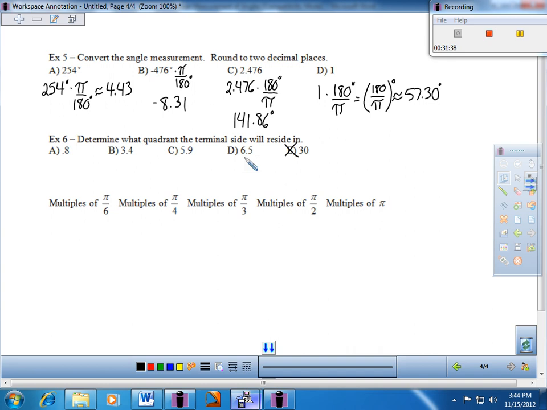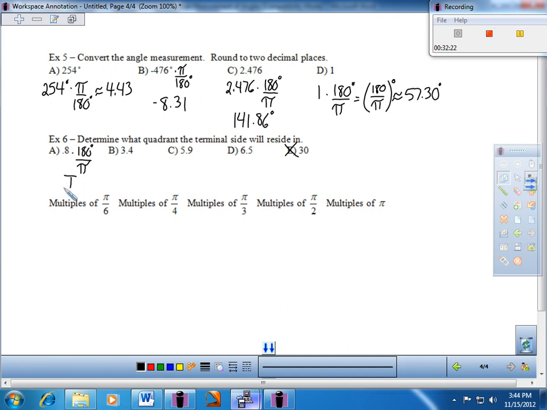So you have a couple options with this before you answer all 4 parts. You can convert to degrees for each of these, and based on that conversion, you should be able to know which quadrant it's in. For 0.8, you would multiply by 180 over pi, and you'd get a number there, and based on that number, you should know that it is in quadrant 1.